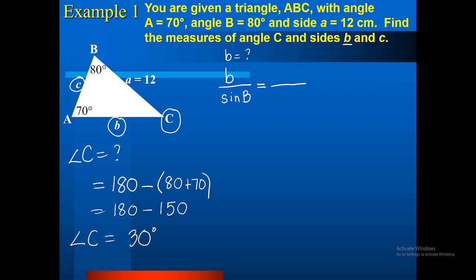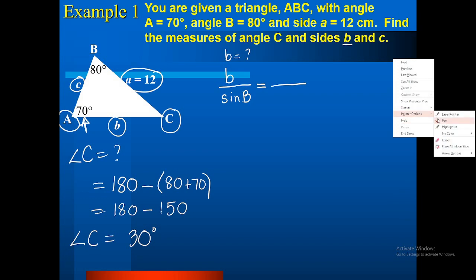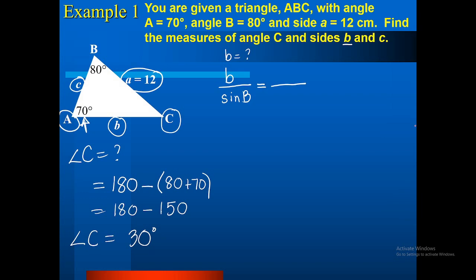Tan-awa ninyo ang figure, gaatbang ang angle nga 70 ug ang side nga 12. Di ba gaatbang na sila, class? So, I will make use of that all the time. So, balik ha. Pangitaon nako ang gaatbang. Si 70 ug si 12 gaatbang niya.